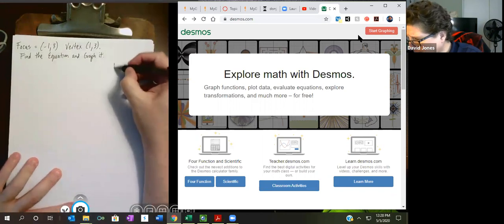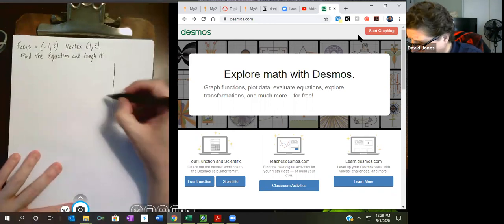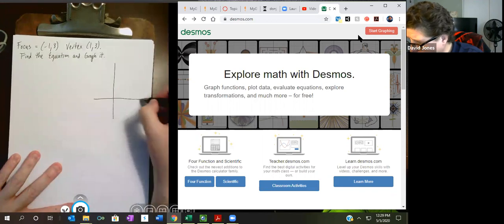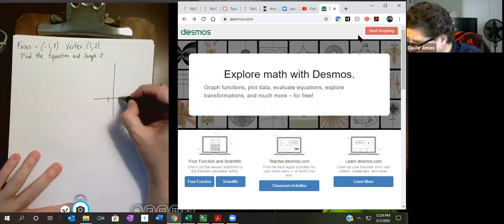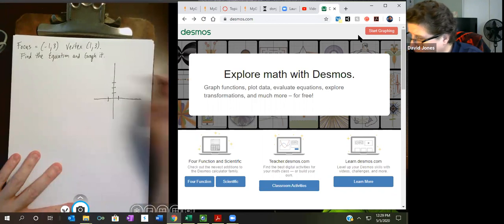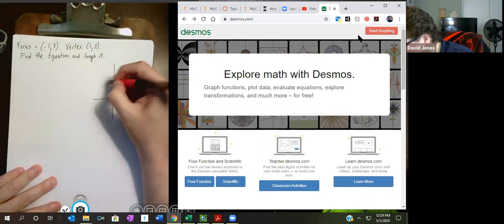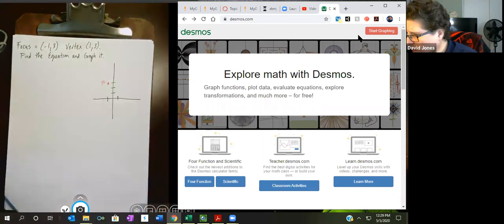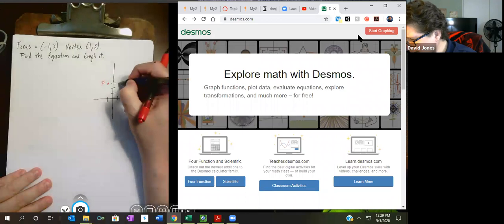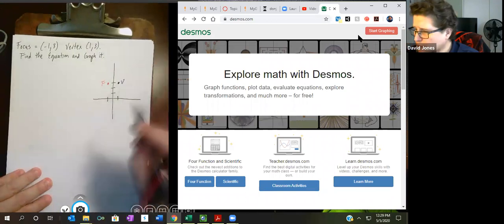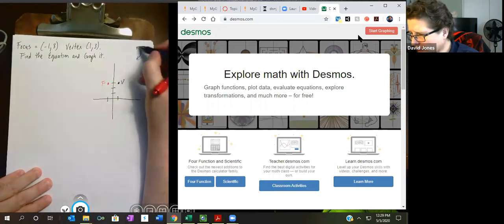What do we got here? So that's my focus. My vertex is here, which means it's opening left or right.